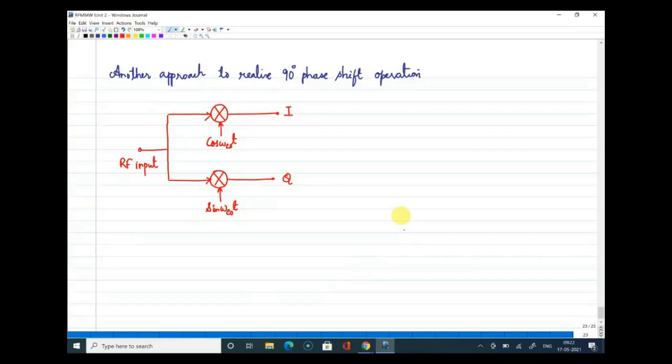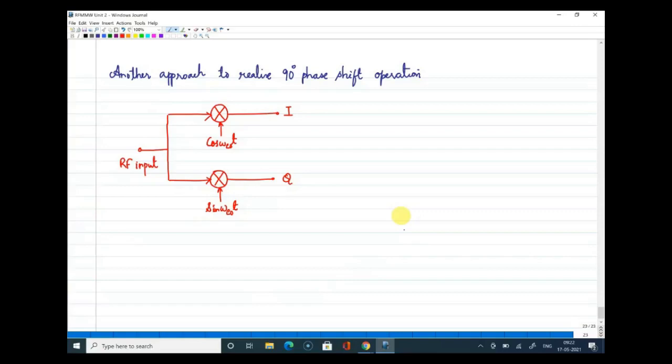If you look at the intermediate frequency, you have both the I arm and the Q arm, and there is definitely a phase shift between both the arms. I hope this is a very simple operation, and you would have seen this even in your communication system courses, where you use this to generate in phase and quadrature phase components.